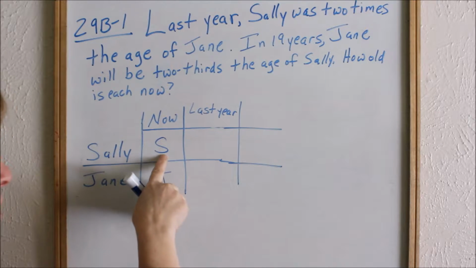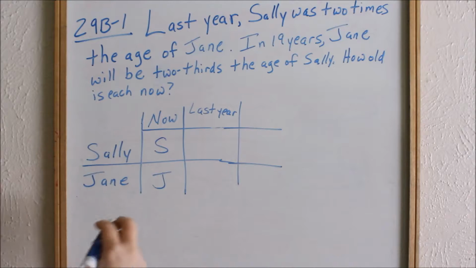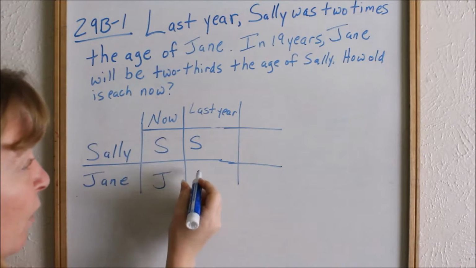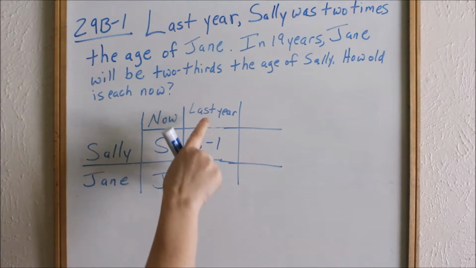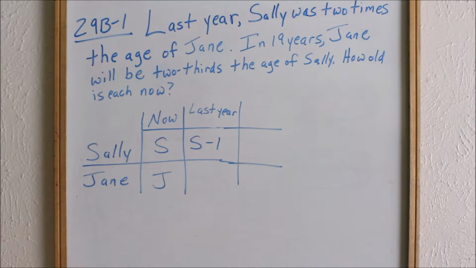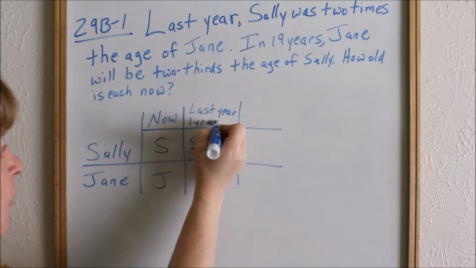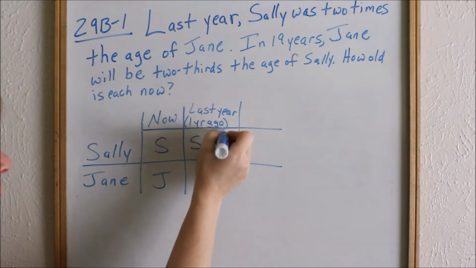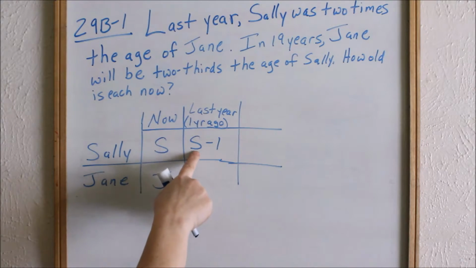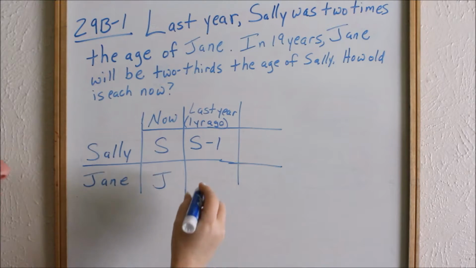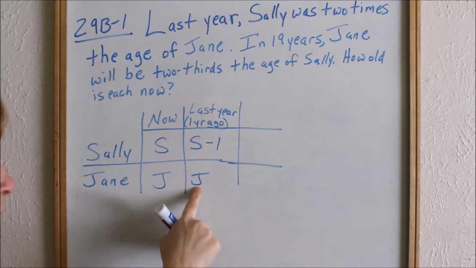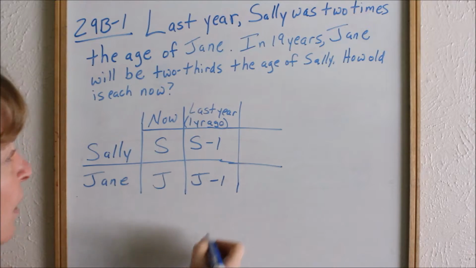So whatever her age is now, minus 1 year ago. So we can say, whatever her age is now, -1, because last year was 1 year ago. Okay, I can even write 1 year ago. That implies subtraction. So whatever her age is now, -1. Same with Jane. Whatever her age is now, -1 year ago.